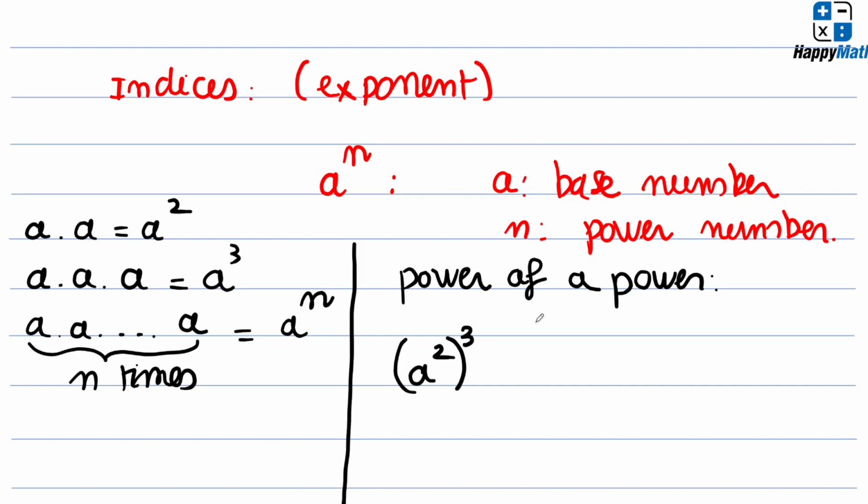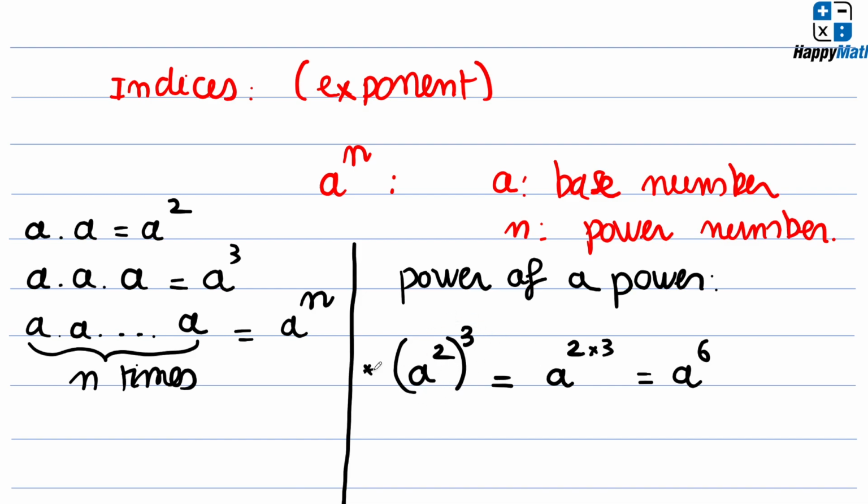I mean a squared to the power of 3. If you want to expand this, it will be simplified to a to the power of 2 times 3. I mean a to the power of 6 is my final answer.